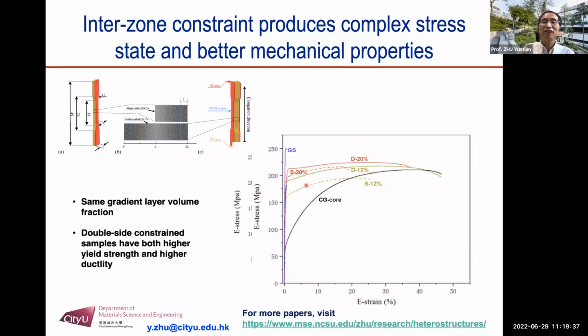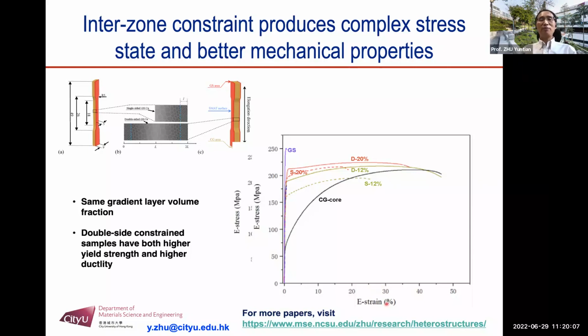The single layer, double layer, the volume fraction of the layer is the same, but you look at the strength. This yield strength is much higher. And then you look at the ductility. The ductility is also much higher, which verifies that the different stress state indeed gives you much better mechanical property.